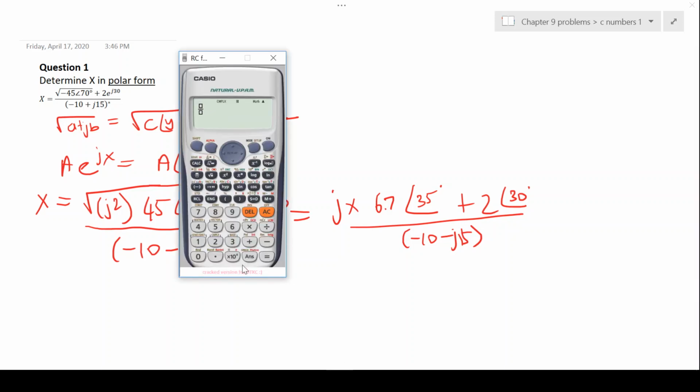So we will say the expression is 1i multiplied by 6.7 angle 35 plus 2 angle 30 divided by minus 10 minus 15i.